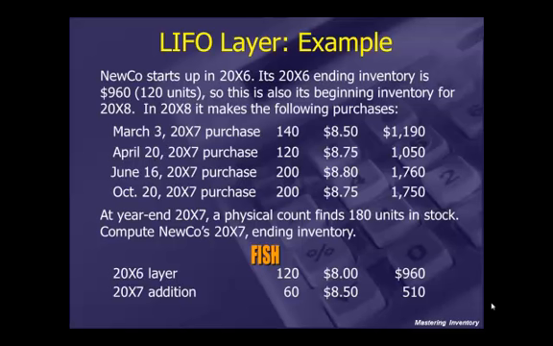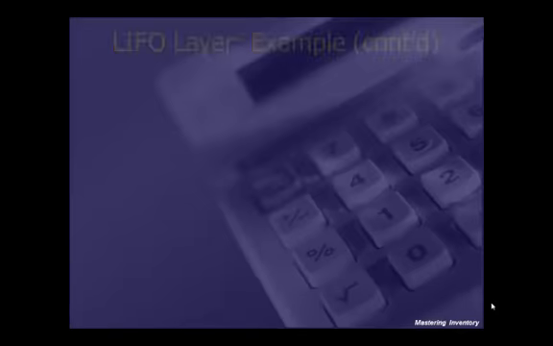That means the October 20th, the June 16th, the April 20th, they're gone. And in order to have 180 units in our ending inventory, 60 have to have come from the March 3rd, 2007 purchase. So 60 at 8.50 or $510. So now we have 180 units and we have two layers.